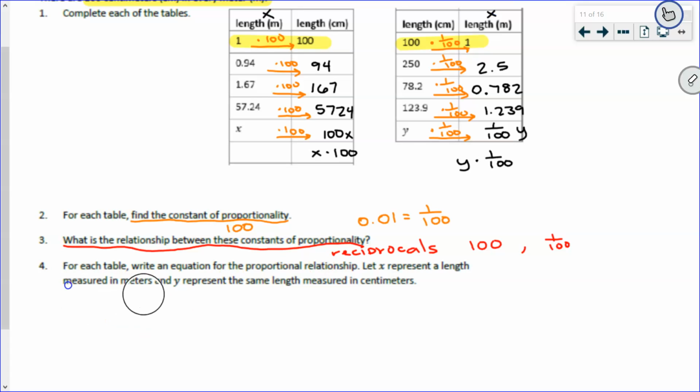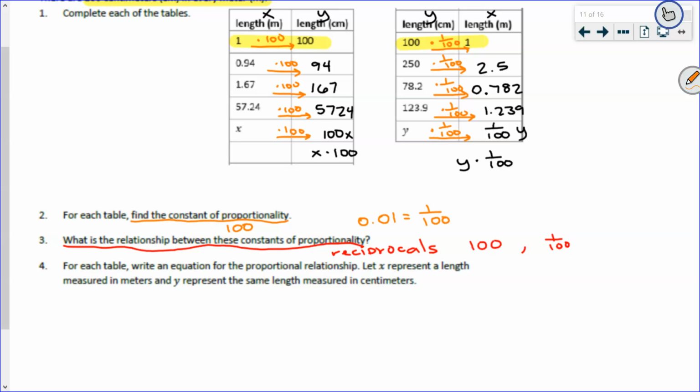Keep reading. And y represents the same length measured in centimeters. So I see a length measured in centimeters. That's going to have the label y. So when I start in this column, I go across the column by multiplying by 100. And that gives me 100x.